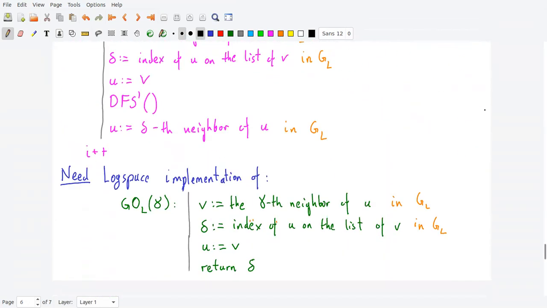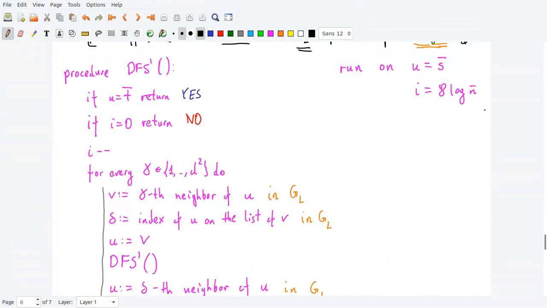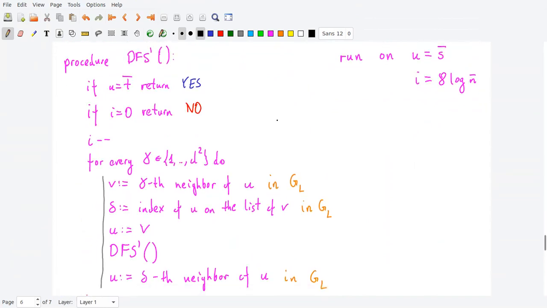So let me recall how the procedure DFS prime should be applied on the graph GL.